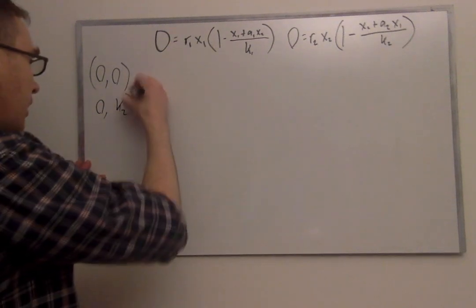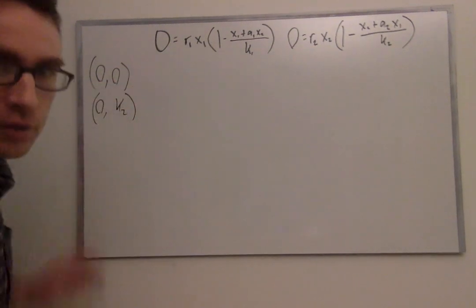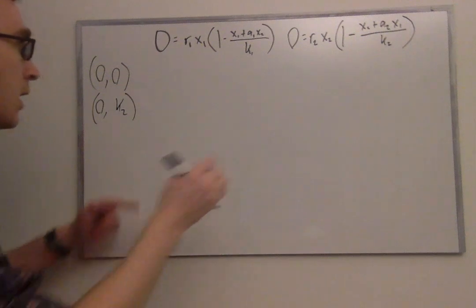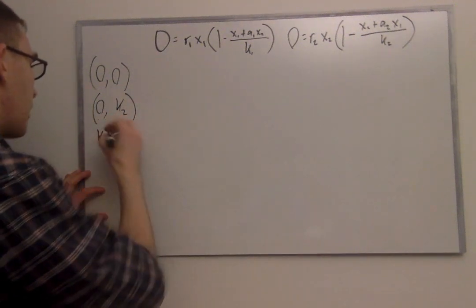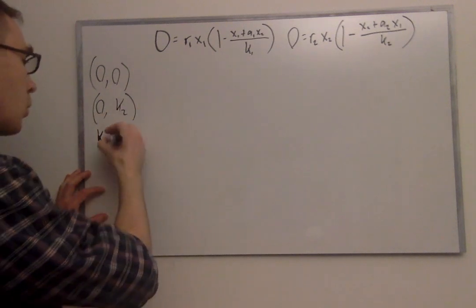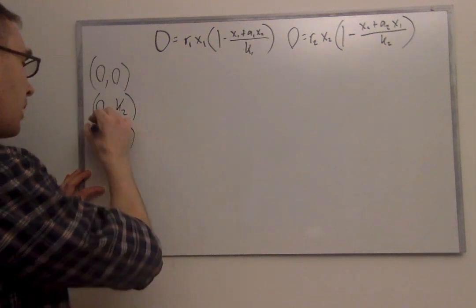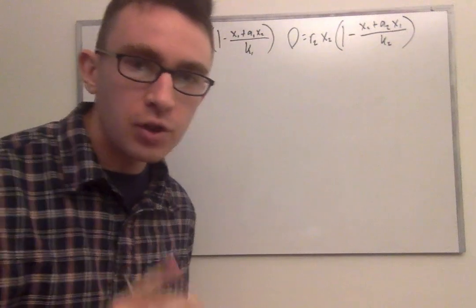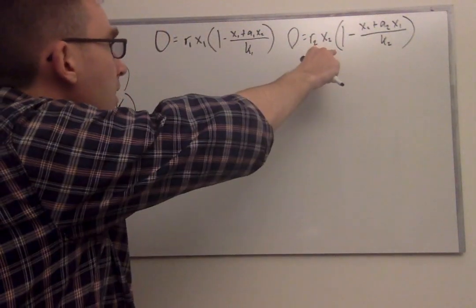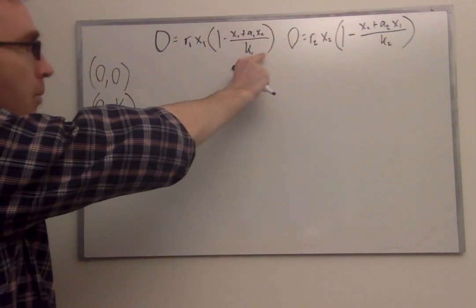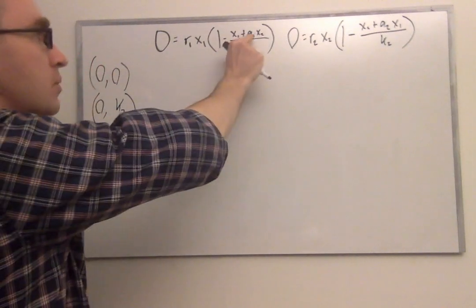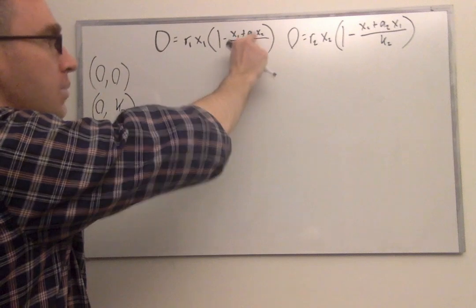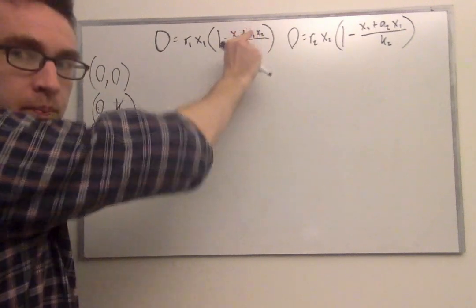Okay, and so you might have guessed from that the third steady state is going to be the reverse. So this will be k1, the carrying capacity for species 1, 0. It's the same thing. If we have 0 of species 2, then this whole equation becomes the logistic growth model for species 1, because this a1 times x2 will just be 0.